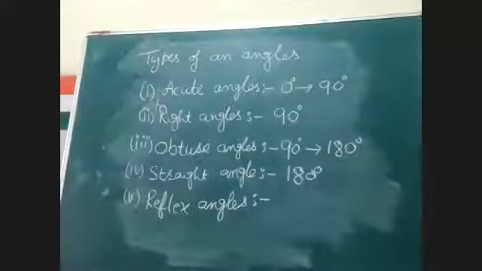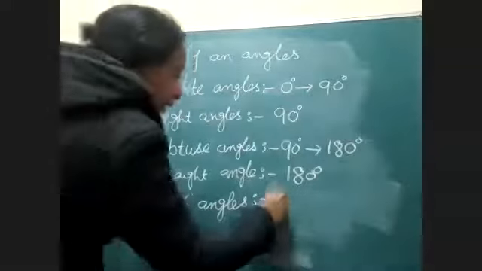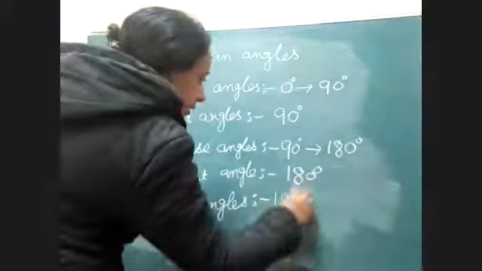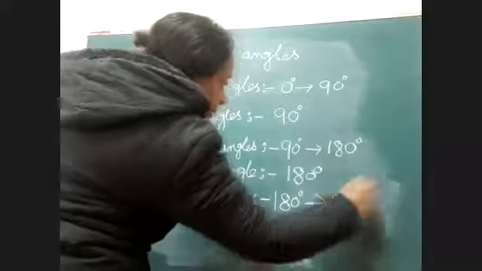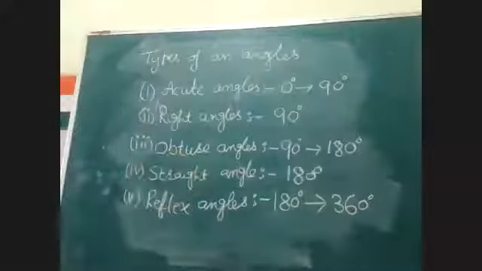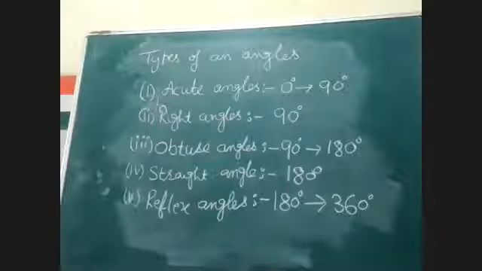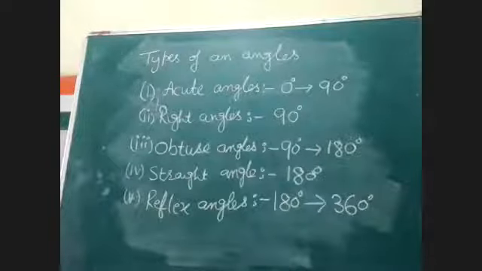An angle which measures more than 180 degrees, less than 360. Angles between 180 degrees and 360 degrees are known as reflex angles.